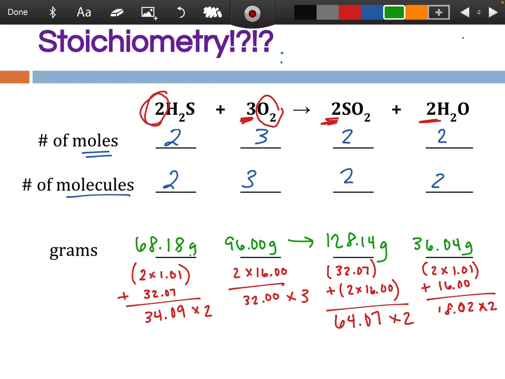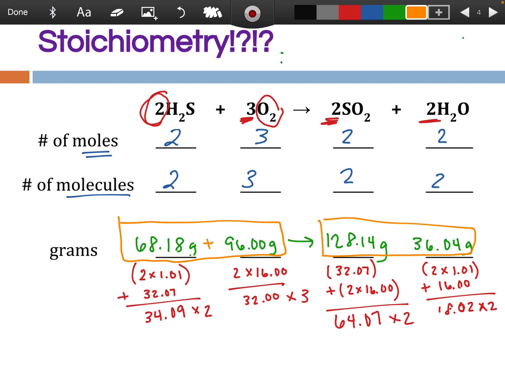Okay, so here is one more thing to remember. We know that the law of conservation of mass says that the mass that goes into a reaction is equal to the mass that comes out of the reaction. So if we add our reactants together, we end up with 164.18 grams of mass going into the reaction.